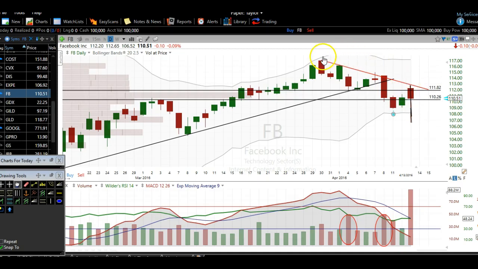But anyways, getting back to the chart, we've got this downtrend line right here, and that's still going to be resistance. We still have a lot of selling going on, a lot of volume coming out of this stock this day, and then again today.